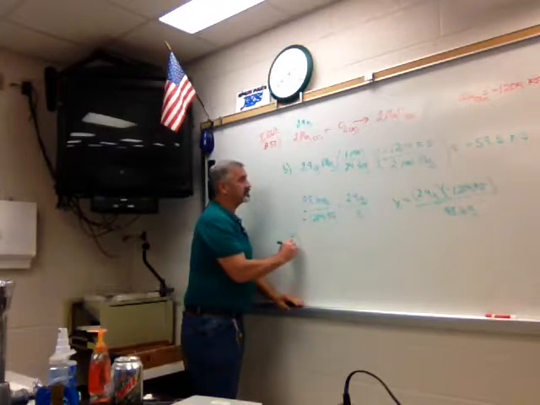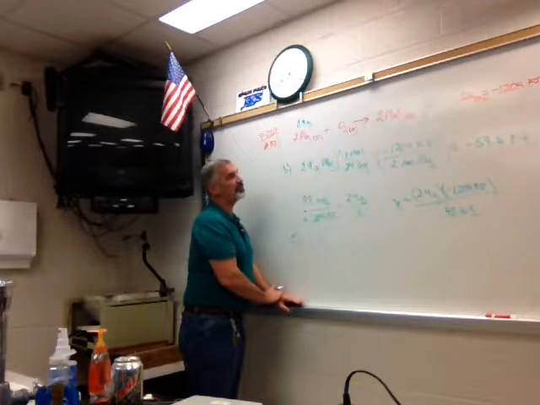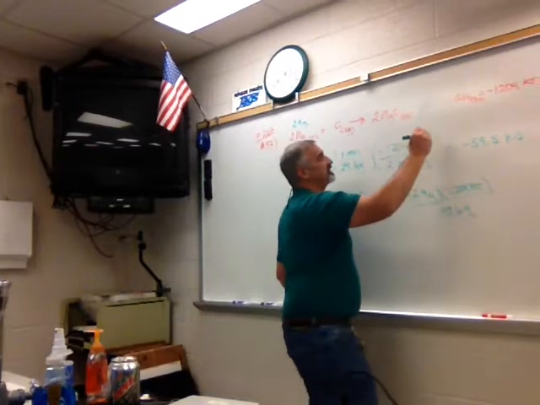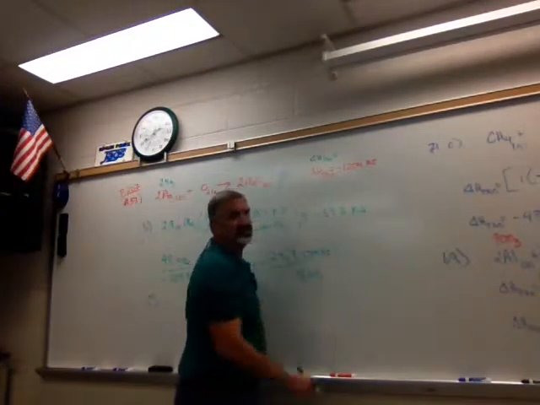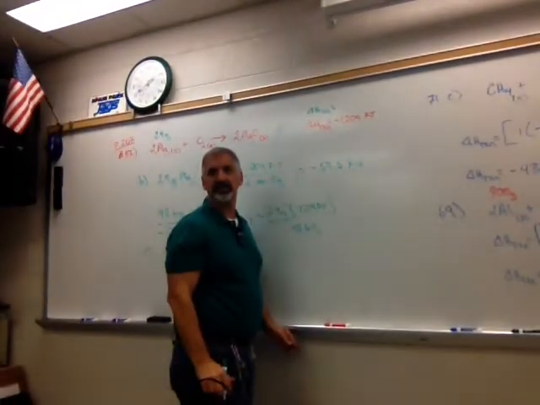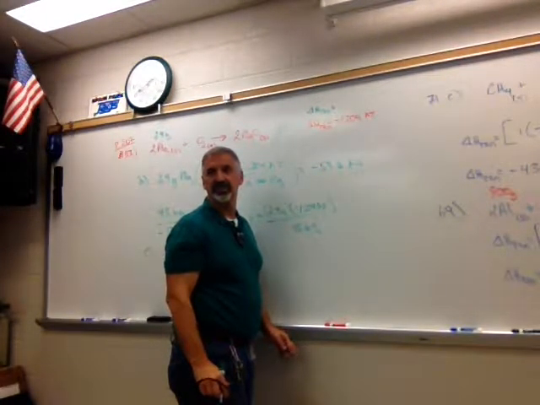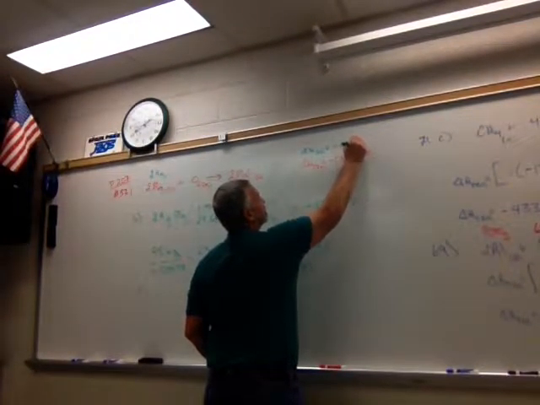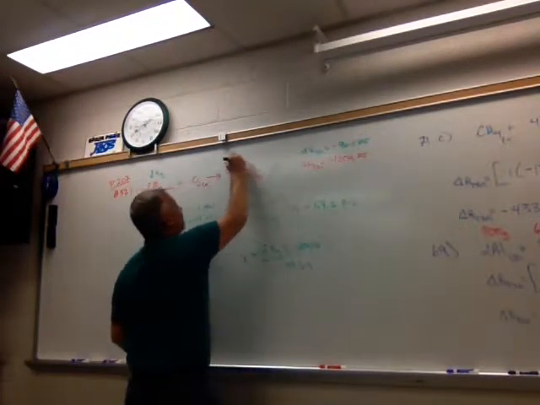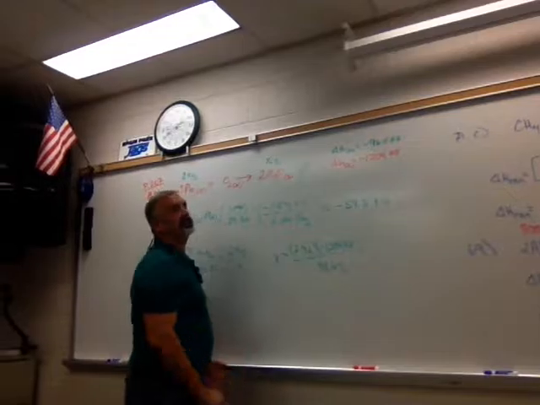So now part C says, what if we want the delta H of the reaction to be negative 96 kilojoules? How much is required? So negative 96 kilojoules, and we want to know, how much MgO do we need?